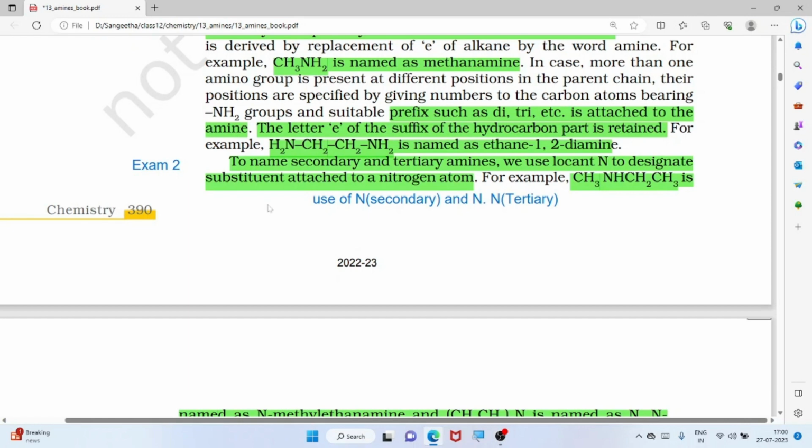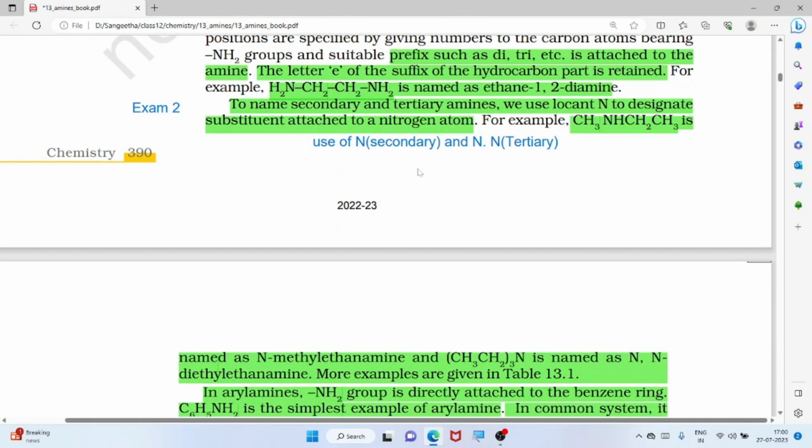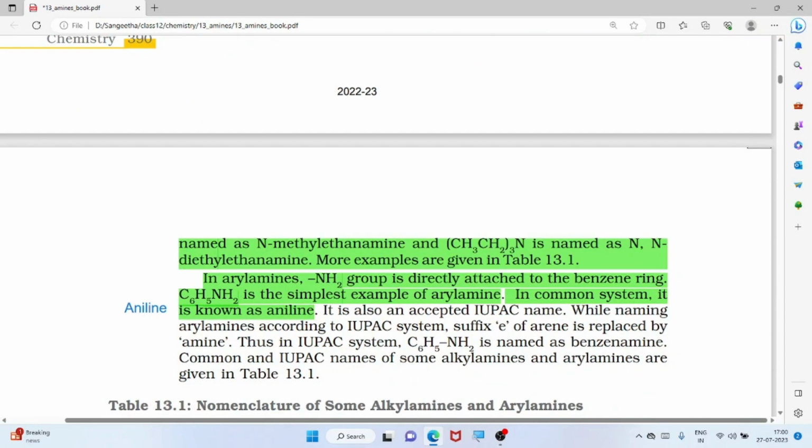Here for the secondary amine we use N. Here we have the secondary amine N-methylethanamine, and for the tertiary we use N,N. Here we are using N,N for the tertiary amine, for example N,N-diethylethylamine.